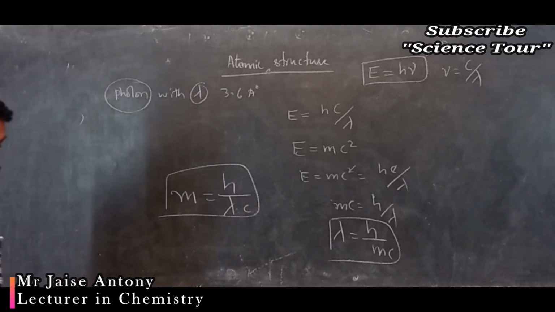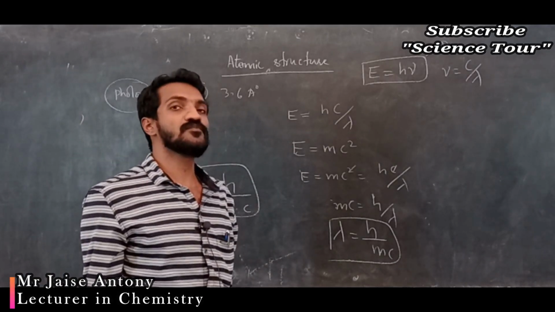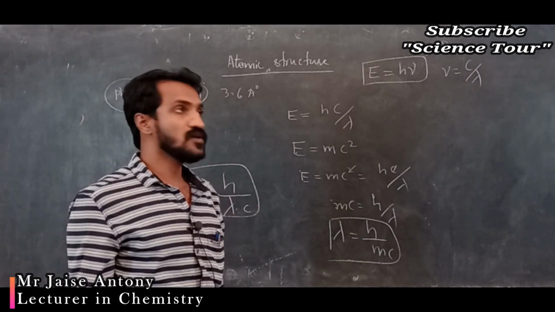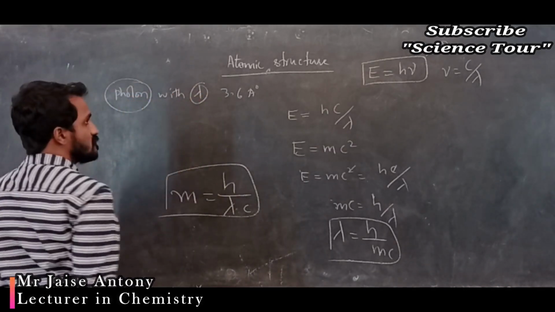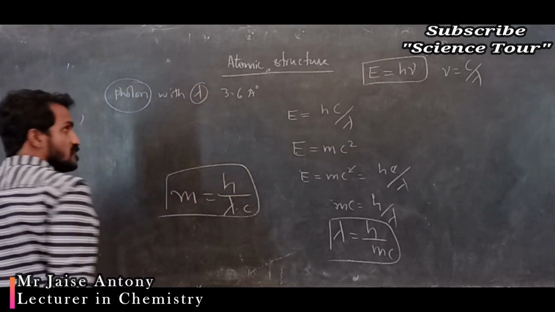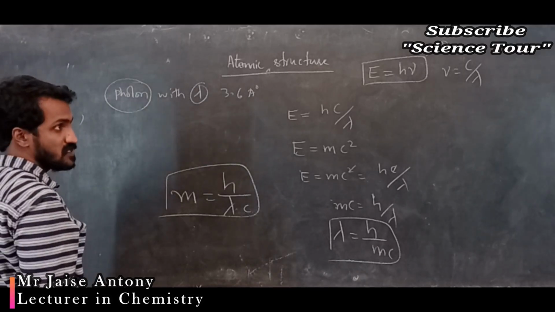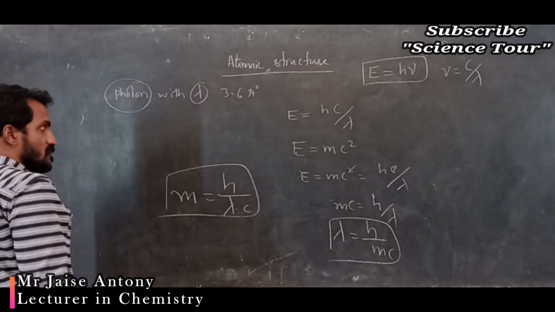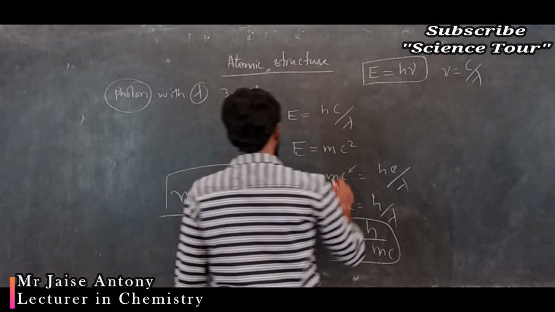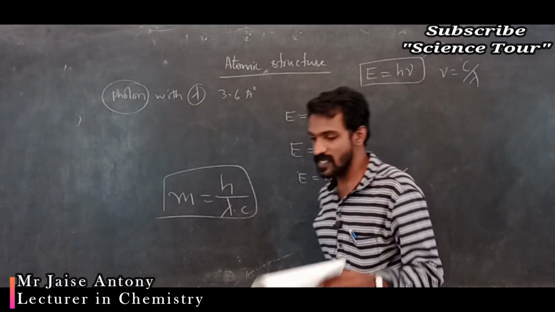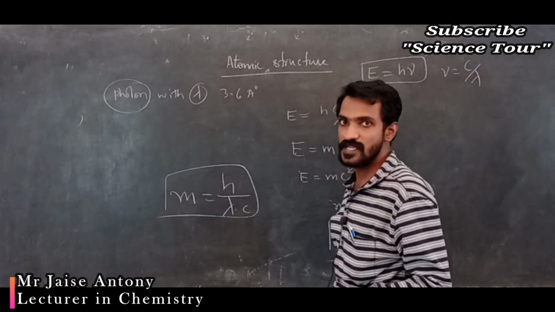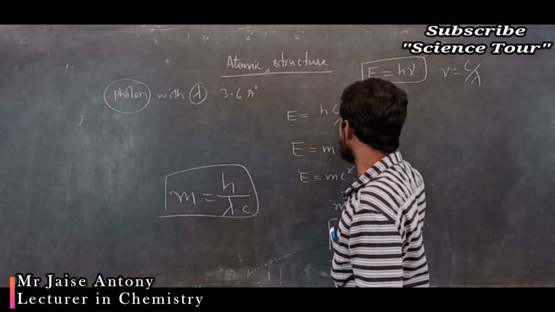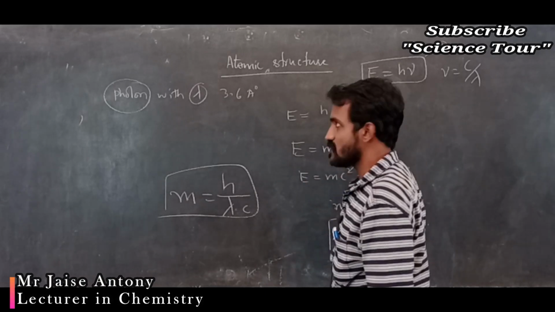See, my dear students, don't say that you don't know which formula to use for this one, because two points are given here. Photon with the wavelength means dual nature, particle nature. Which formula? The de Broglie equation, using the Einstein equation. E is equal to hc by lambda is one equation, Planck's quantum theory.